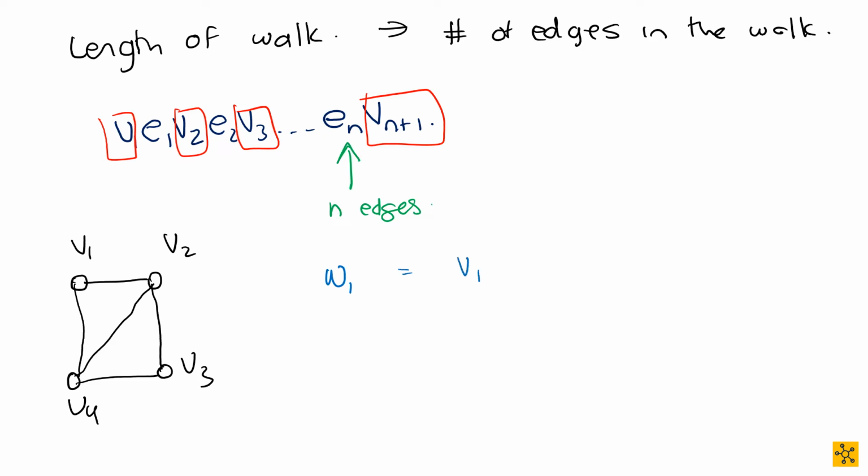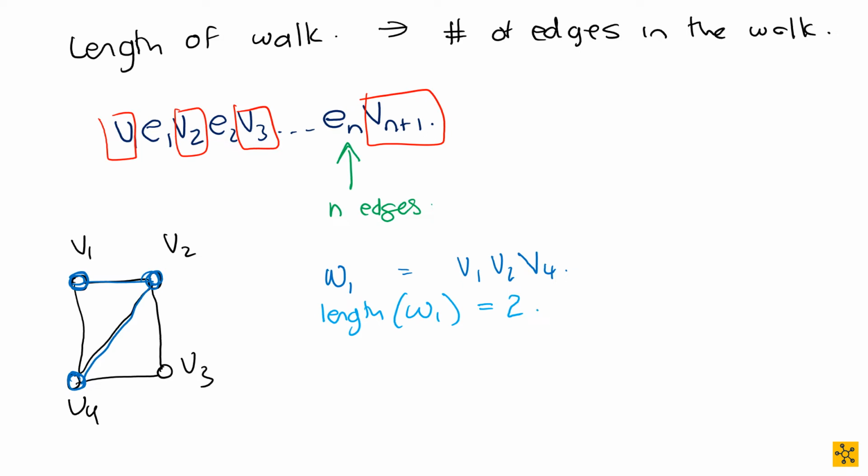So we have V1, V2, V4. So you go from V1 to V2, V2 to V4, and again, because it's a simple graph, there was only one edge directing you there, which is why we didn't have to put the edges in there. But we have 3 vertices, which means we're going to have 2 edges. So the length of W1 is going to be equal to 2.